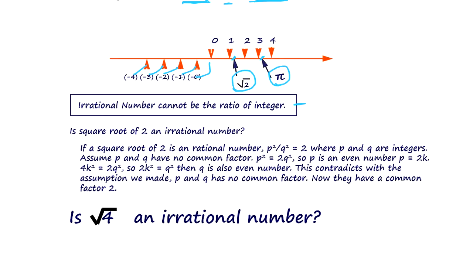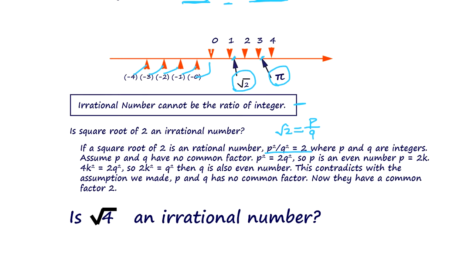Okay, so if square root of 2 is a rational number, then square root of 2 can be p over q. p and q are integers, and we eliminate the common factor, so p and q don't have a common factor. So taking the square, we get p squared over q squared equals 2.